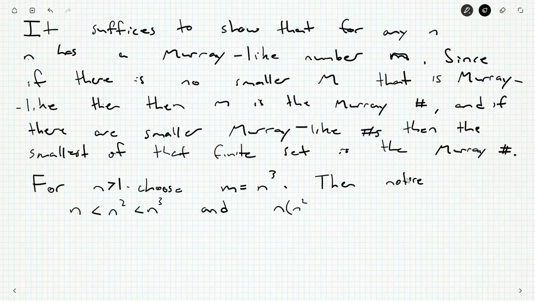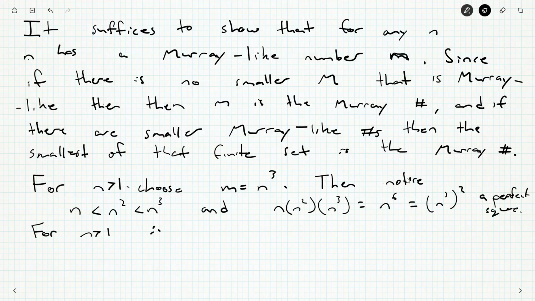And n times n squared times n cubed is n to the 6th, which is just n cubed squared, a perfect square. So for n greater than 1, we have a Murray-like number, and then by our observation, we have a Murray number.